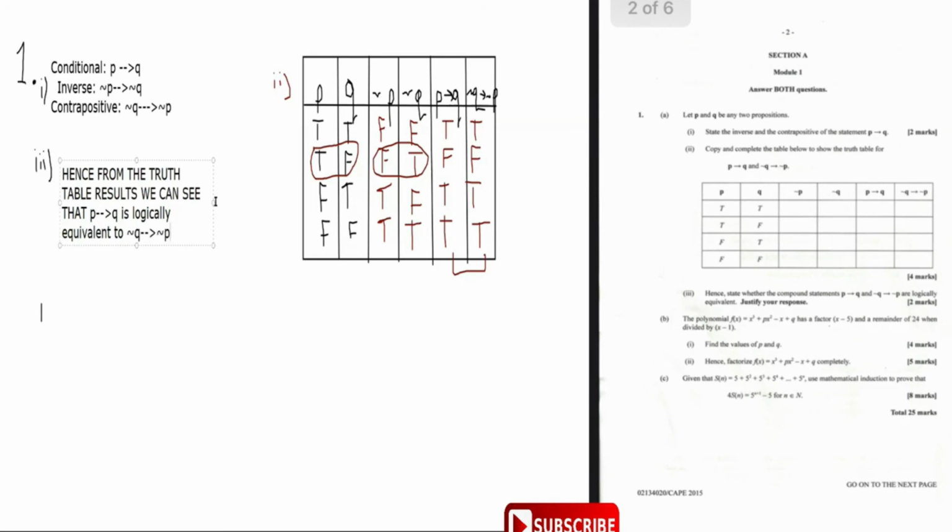From the truth table, we can clearly see this. All right, clearly from right here, they are the same. All right, nice. Now let's look at part B.